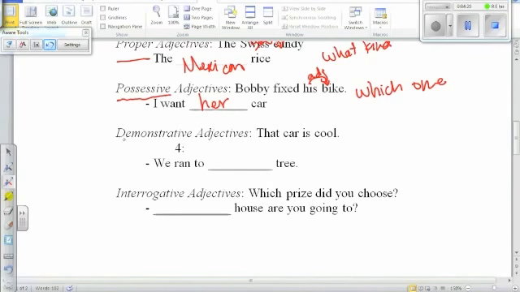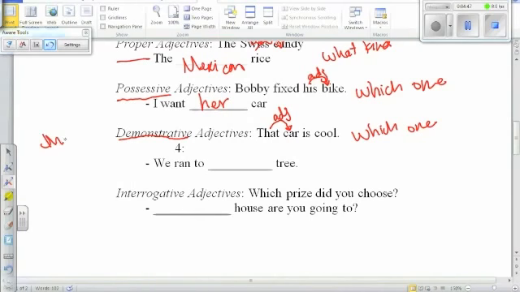Also, we have demonstrative adjectives. I would say these demonstrate which one we're talking about. So if I said that car is cool, then you would say which car? And then I would say that car. So that is an adjective modifying car. There are 4 types of demonstrative adjectives.